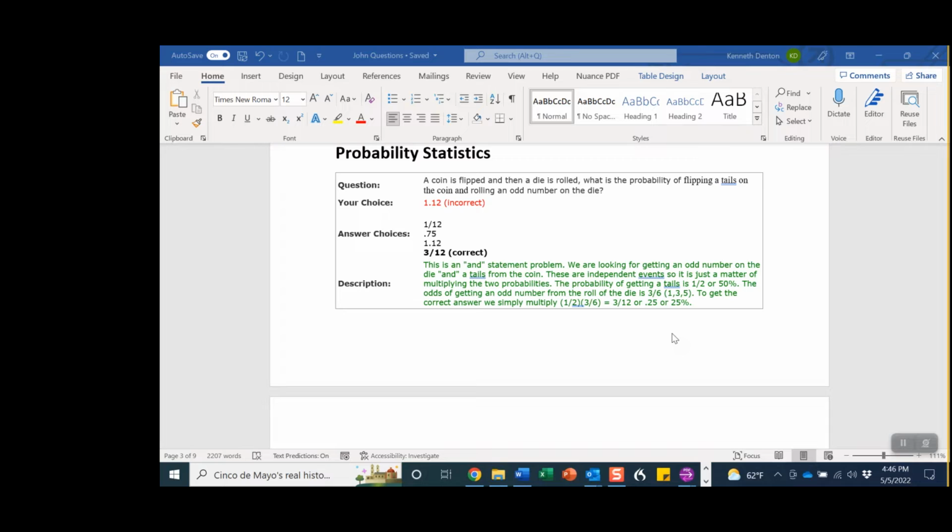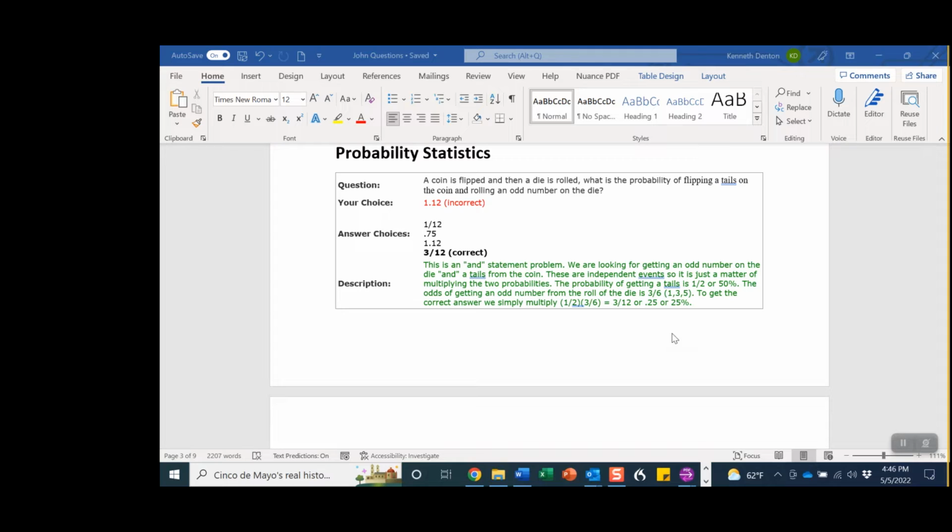This is an AND statement problem. We are looking for getting an odd number on the die. And there are 3 odd numbers, right? Yes. These are independent events, so it is just a matter of multiplying the 2 probabilities. The probability of getting a tails is 1/2. We got that.